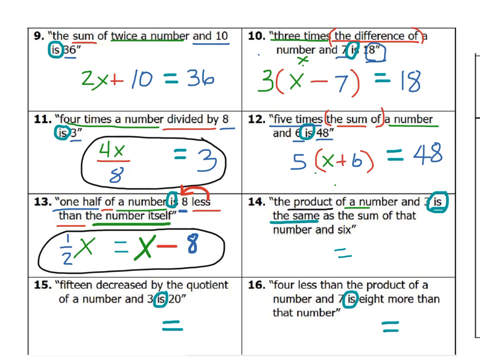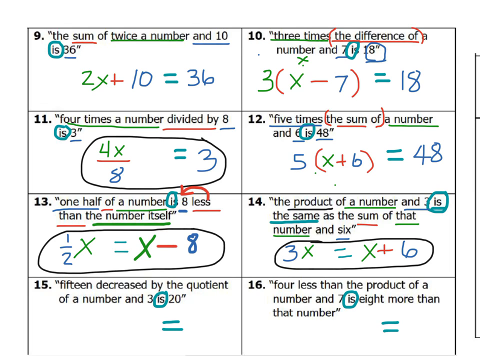Okay, so a number, let's do x and 3, but I'm going to put the coefficient in the front, is the same as, means equals, the sum of that number, I used an x to represent it, and 6. So 3x equals x plus 6, and that's what that looks like.